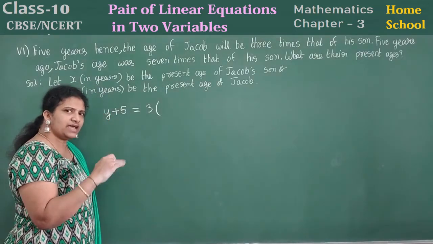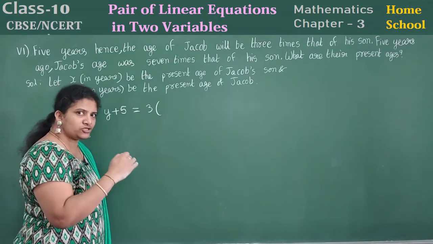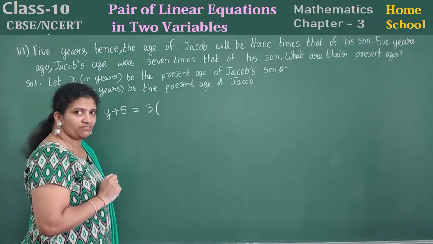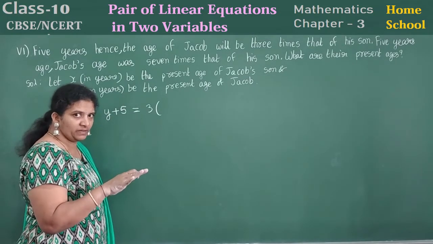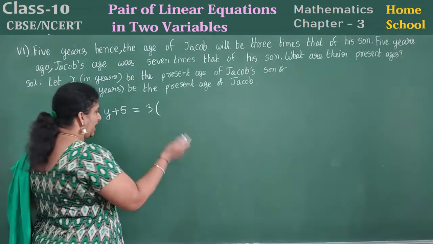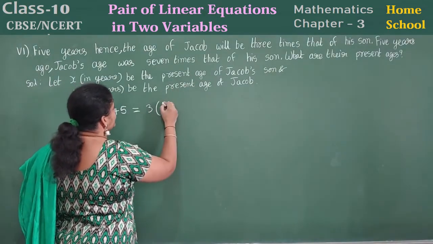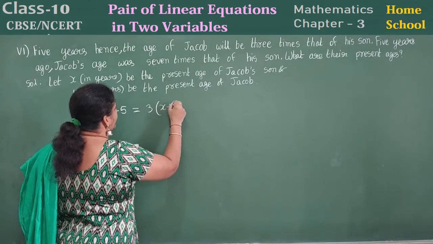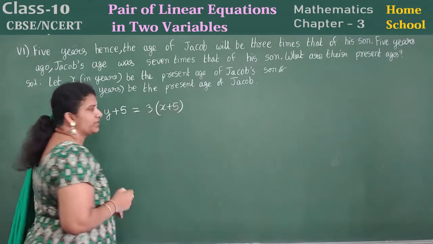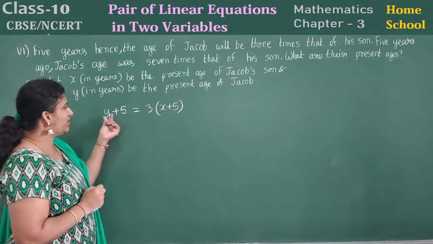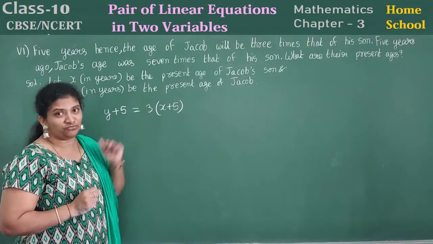See, 5 years hence means son's age also will be increased by 5, no? Or his age will be stopping there? No. So now, 3 times his son's age. Son's age I have assumed x, right? x plus 5. That's all.